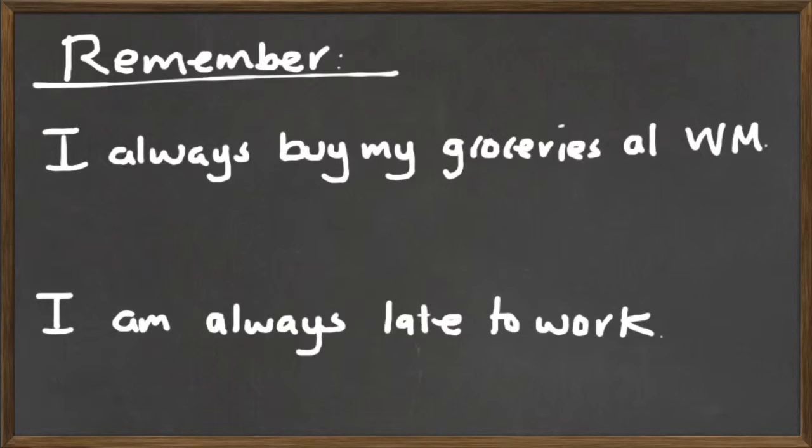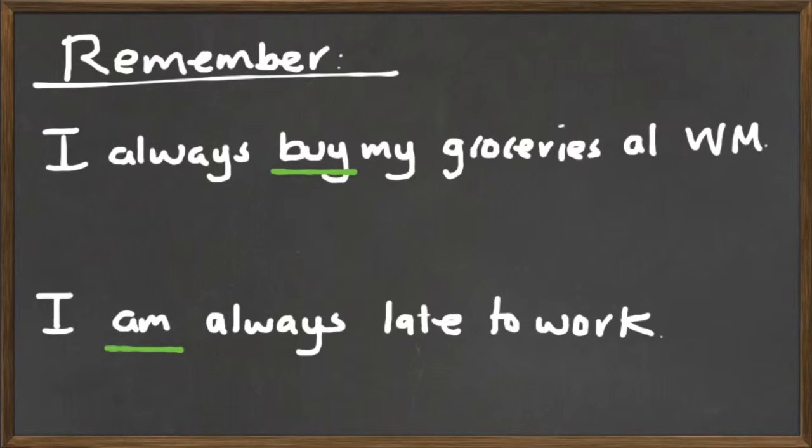There's another important thing to mention with frequency adverbs. There's a difference between using an action verb, let me label it for you so it looks better, and using the verb to be. The position of the frequency adverb changes.